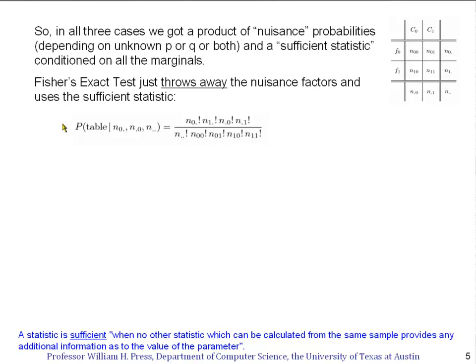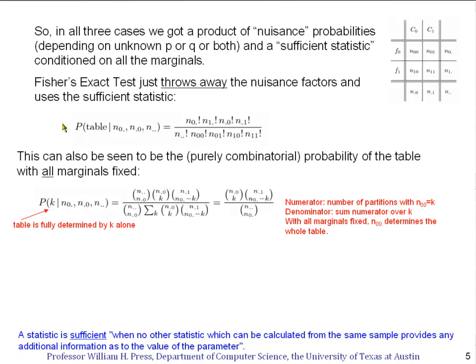And now we're going to use it in our p-value tail test, as I'm going to come to quite soon. You can also view this probability as the probability of the table when all the marginals are fixed, both the column marginals and the row marginals.